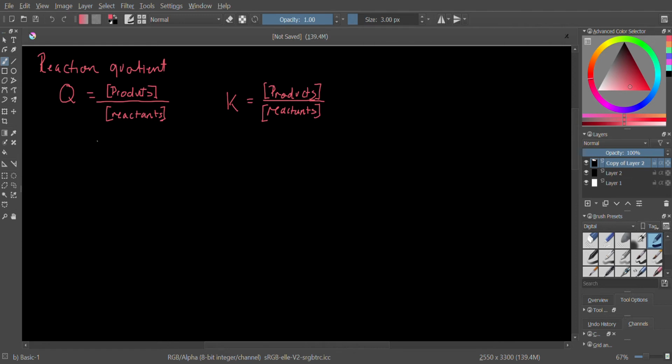So the only difference here is that K is at equilibrium, as we went over a few weeks ago, and Q is at any point in time that is not equilibrium.